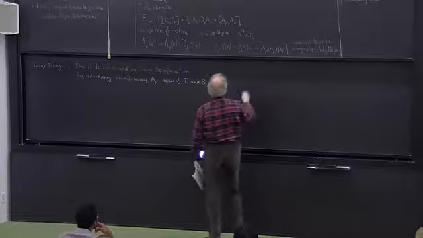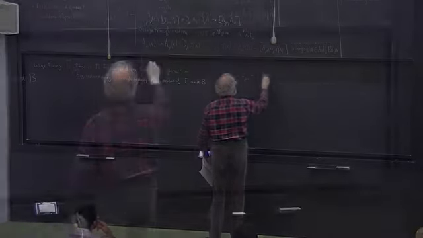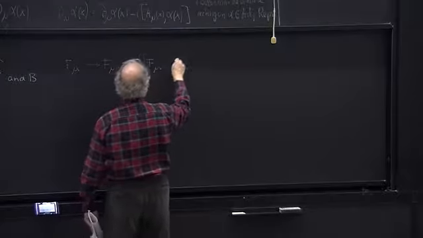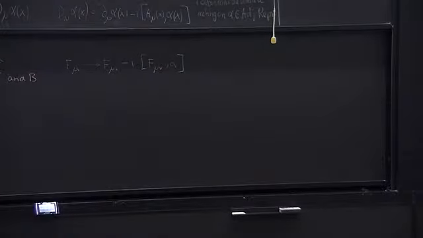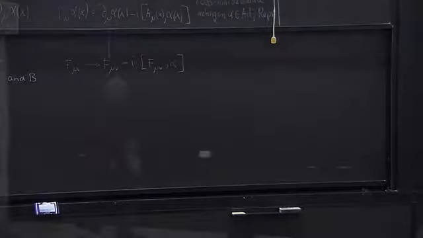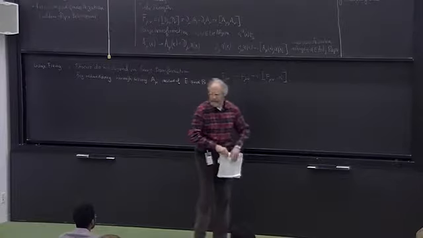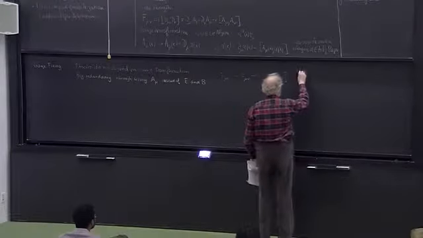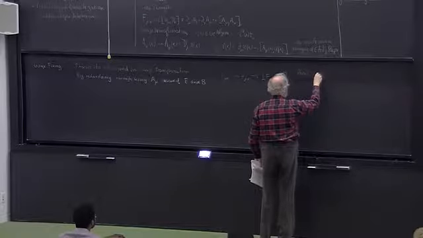But F mu nu transforms as F mu nu minus i alpha F mu nu, which means that it transforms locally under a gauge transformation. There is no derivative. So it's a local transformation.